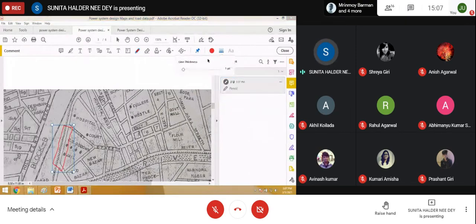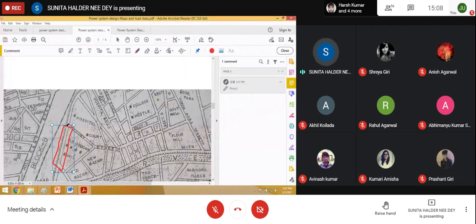Then for this particular road, how many street lights will be within it? That will depend on the width of the road obviously, and on the consecutive distance between two street lights, which you will decide.